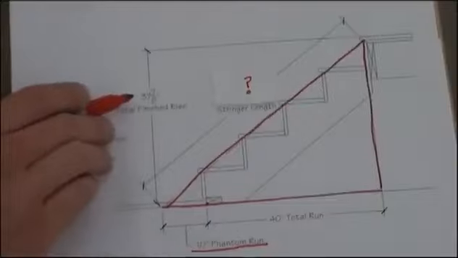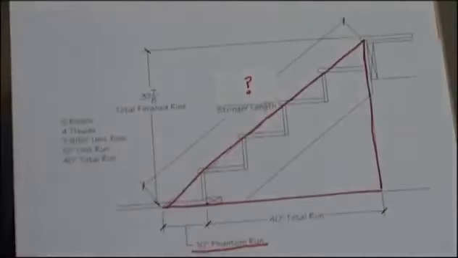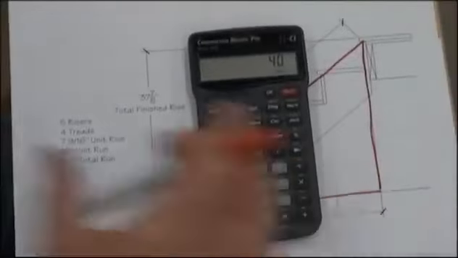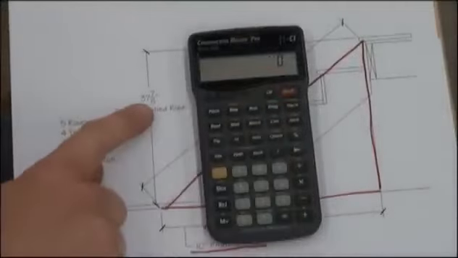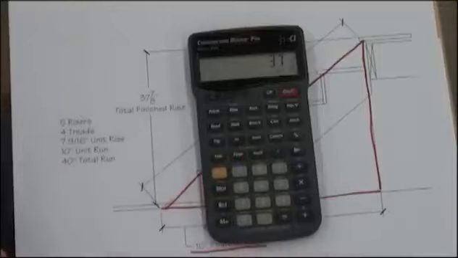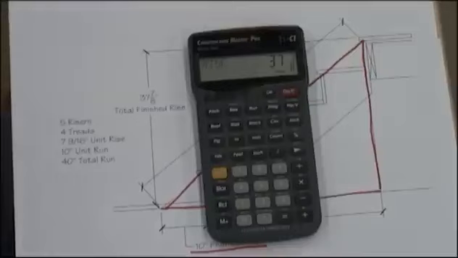We also know that this distance, the height, is 37 7/8 inches. That's our total finished rise. So when we type that into our calculator, it will look like so. We'll take our total finished rise, 37 inches and 7/8, and tell our calculator that it's our rise. And then we'll type in our total run plus our phantom run.